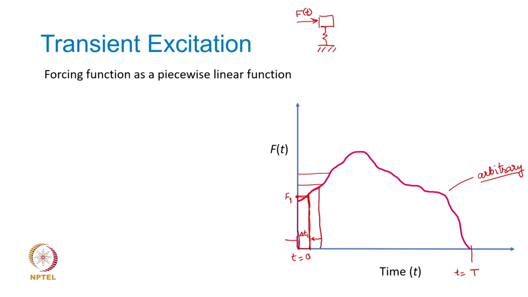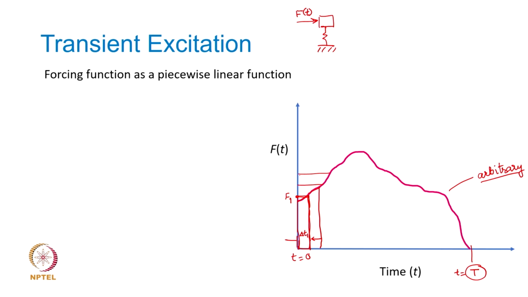So, this force variation, which is going to last for a period of capital T, is now going to be discretized into a series of short duration impulses acting on the system one after the other.